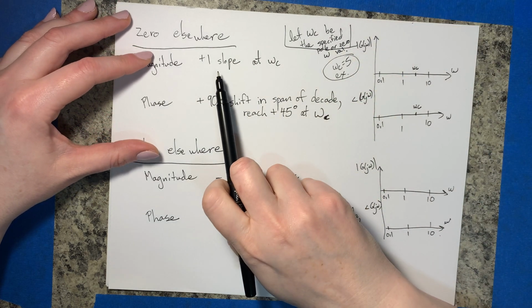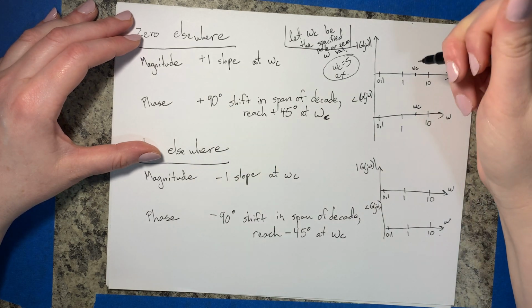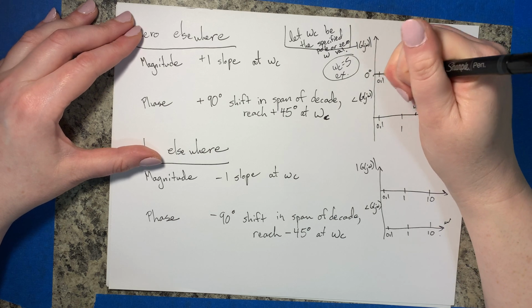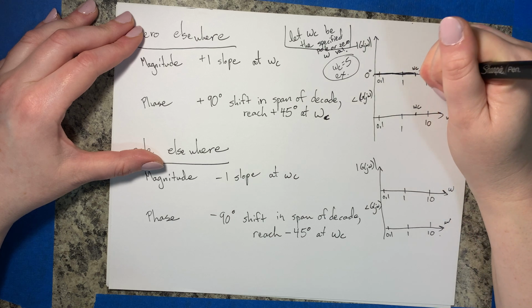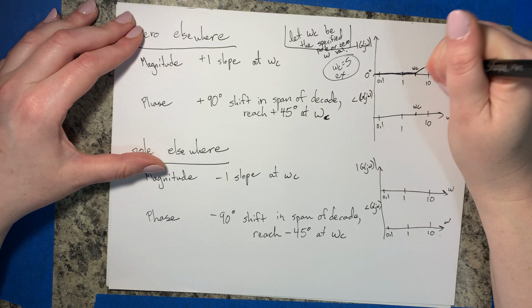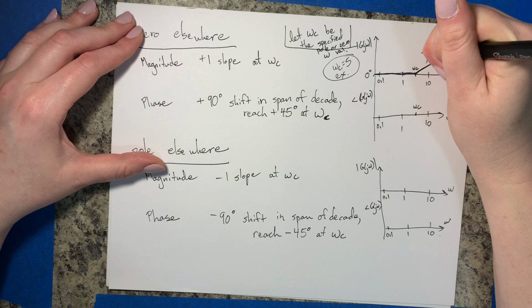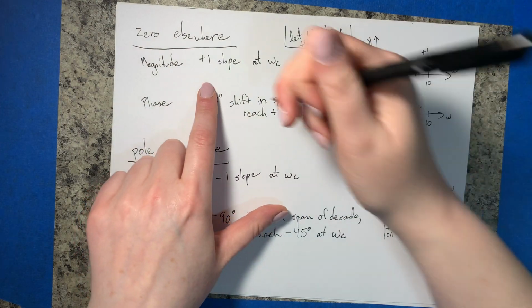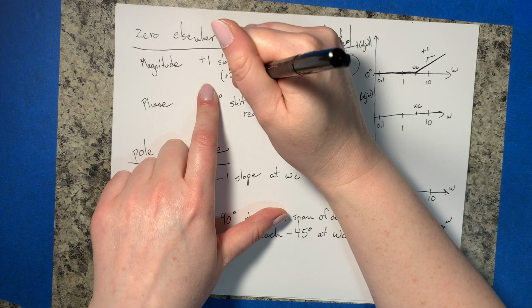So at that specific frequency, we have a +1 slope. If nothing else is happening, and I just start out with a 0 magnitude, at that specific point I will start to have this +1 slope. And that will be, again, +20 dB per decade.